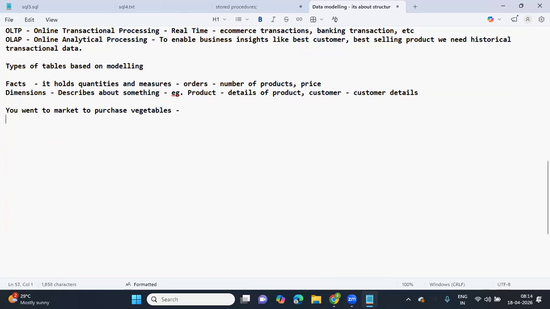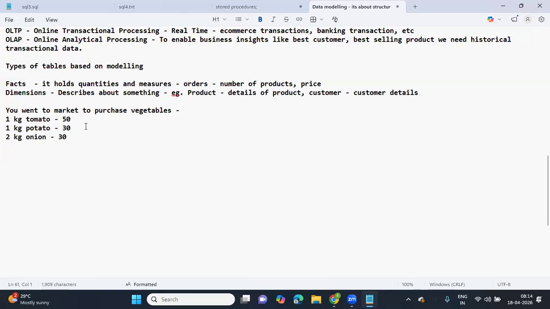You purchased 1 kg tomato, 1 kg potato, 2 kgs onion with some price details. Let's say 50 rupees for this, 30 rupees per kg, and this is also, let's say, 30 rupees per kg.